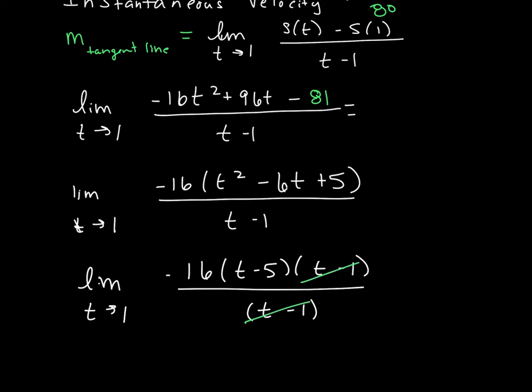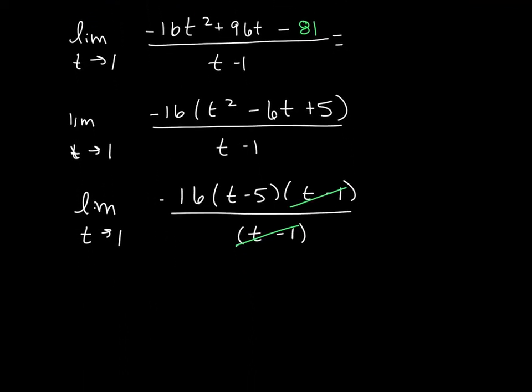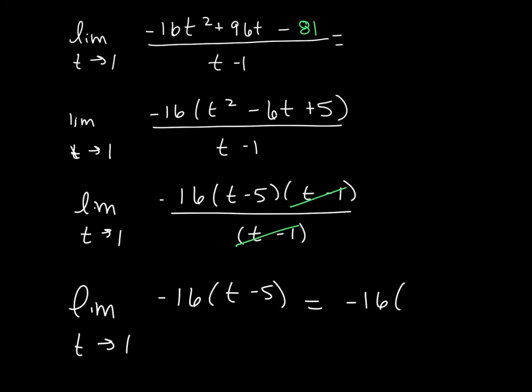Now that reduces and is equal to 1. I can go ahead and use direct substitution. So I get the limit as t approaches 1 of negative 16 times t minus 5. Direct substitution gives us negative 16 times negative 4, which is equal to 64.